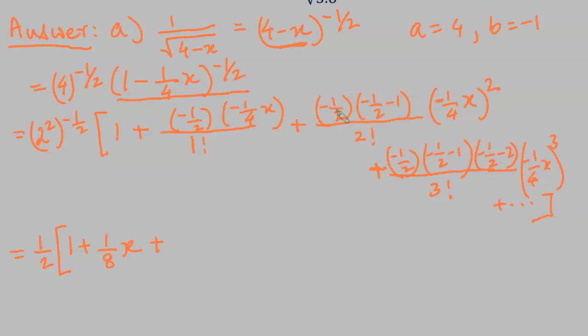Negative 3 over 2 times negative half is 3 over 4. So it is 3 over 4 times 1 over factorial 2, which is 1 over 2, times 1 over 16. So it is 1 over 16 x squared. Okay.